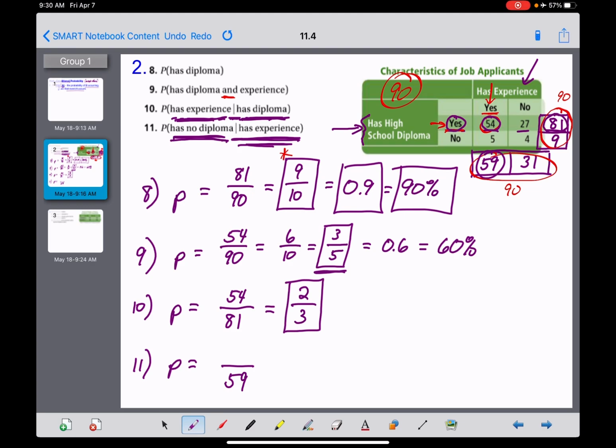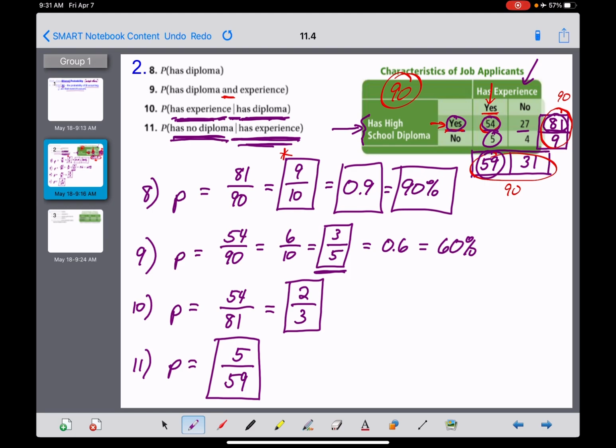And out of those 59, how many of them do not have a diploma? No diploma would be right there, which would be 5. So that's a pretty low probability that someone with experience does not have a diploma. And that fraction doesn't simplify at all, so we would leave it as 5/59. All right, so that's that problem right there, guys.